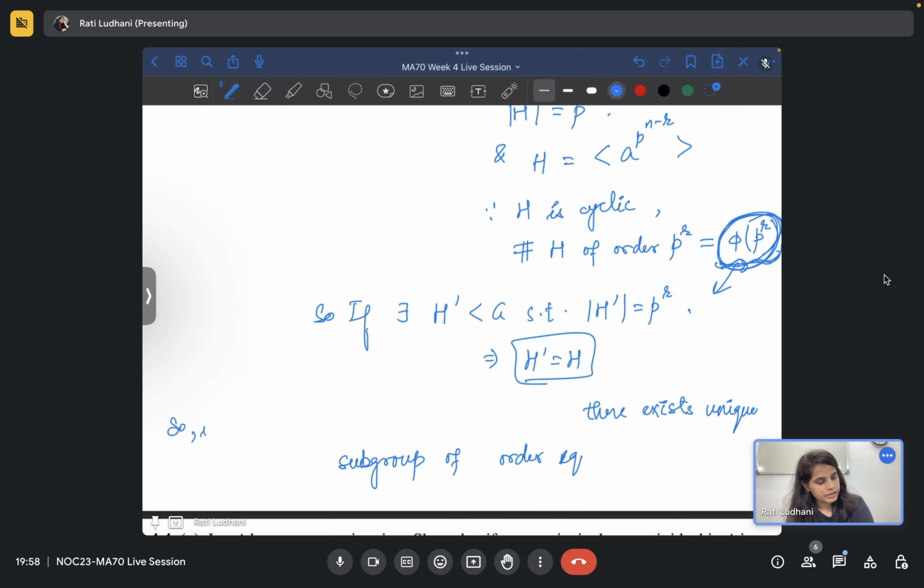So in any cyclic group G of order n, there exists a unique subgroup of order d which divides n.